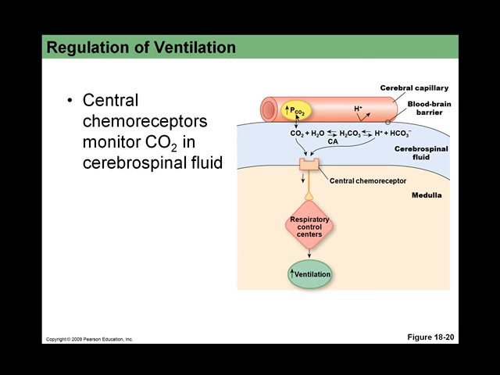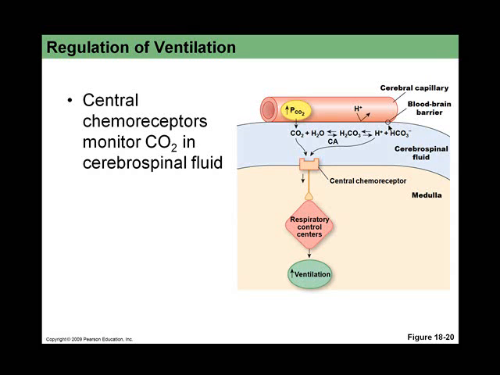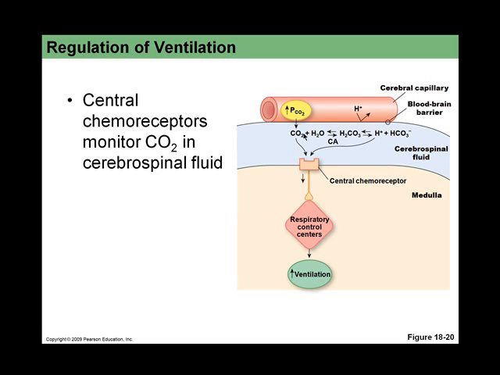So now let's follow this through. As PCO2 in the plasma increases, the dissolved carbon dioxide freely crosses into the cerebrospinal fluid, but the hydrogen ions in the plasma cannot, or it's very, very slow because of the blood-brain barrier that we studied with the neurophysiology. And we know this reaction is ongoing all the time.